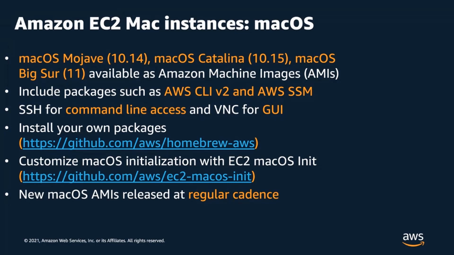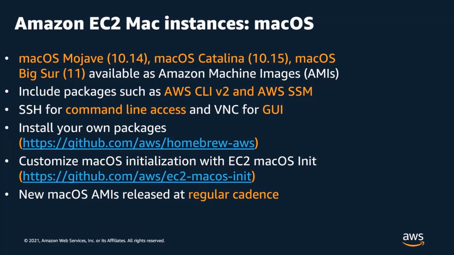To make the macOS experience even more awesome on AWS and EC2, all EC2 macOS AMIs come with the AWS Homebrew pre-tapped. So for all the packages that are installed within the AMI, you can do a brew update or a brew install to be able to get the latest versions of those packages.